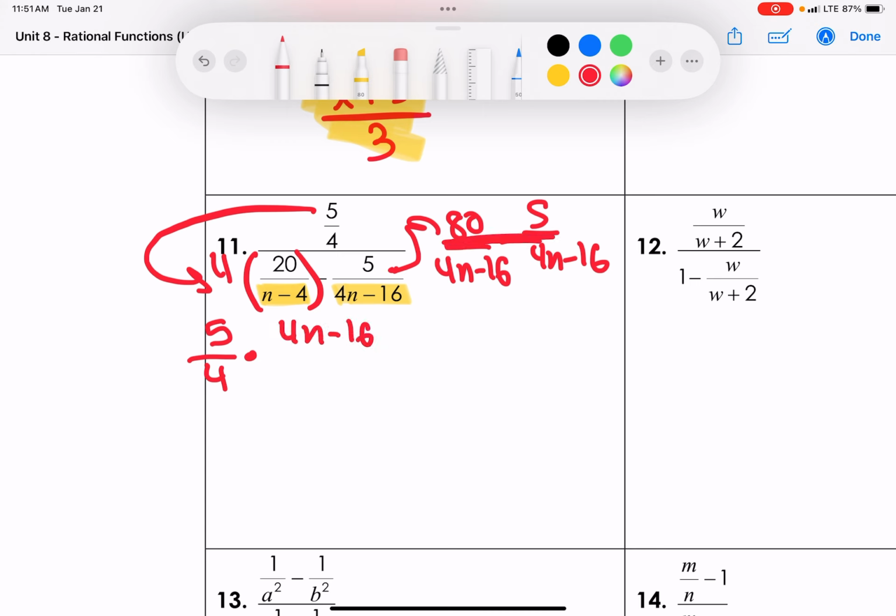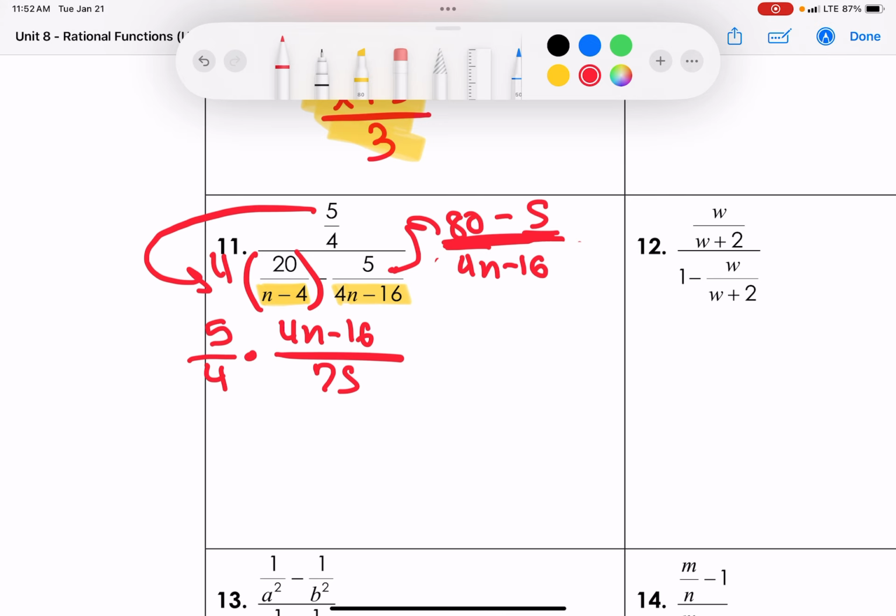Because when they have the same denominator, this just becomes one problem. So 80 minus 5, and then I got 4n minus 16 over, 80 minus 5 is going to give me a 75.